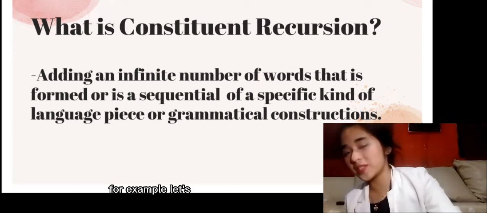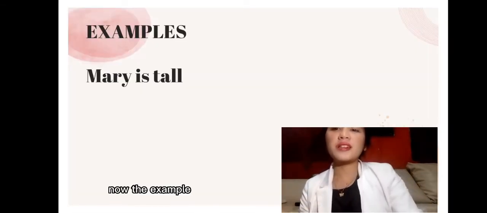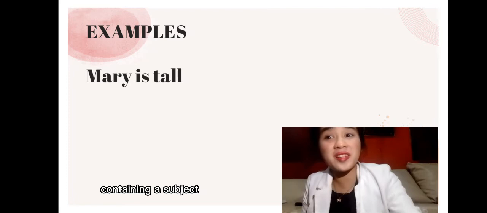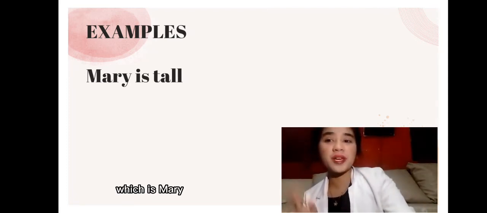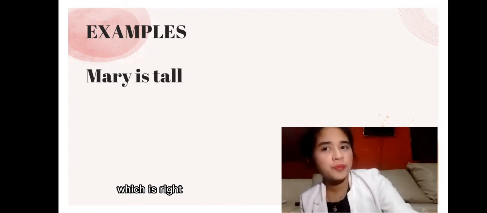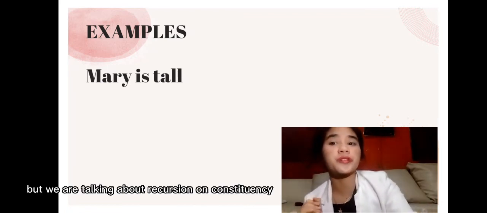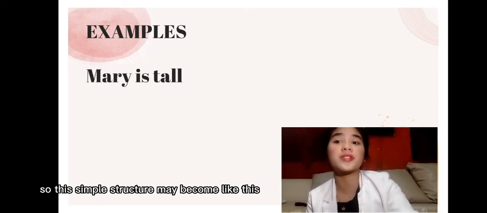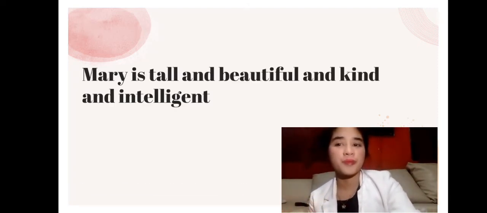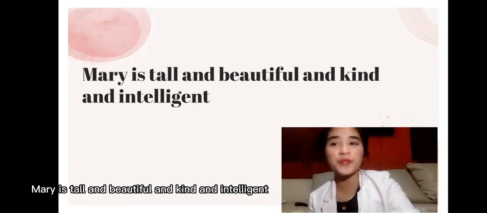For example, let's look. Now, the example may seem a simple structure of a sentence containing a subject, which is Mary, and the predicate is tall, which is right. But we are talking about recursion on constituency, so this simple structure may become like this: Mary is tall and beautiful and kind and intelligent.